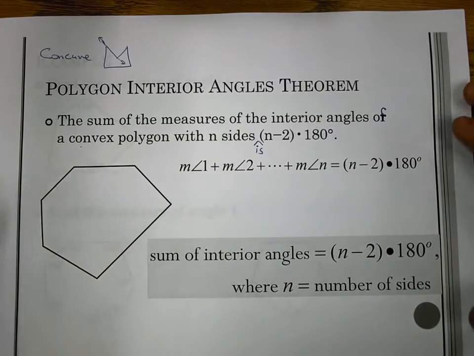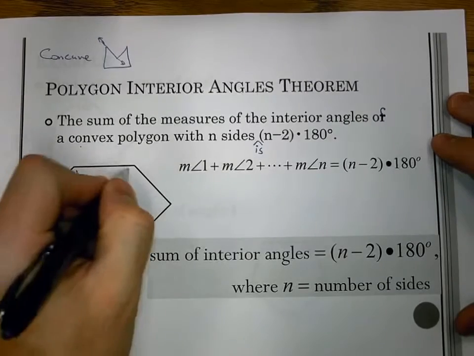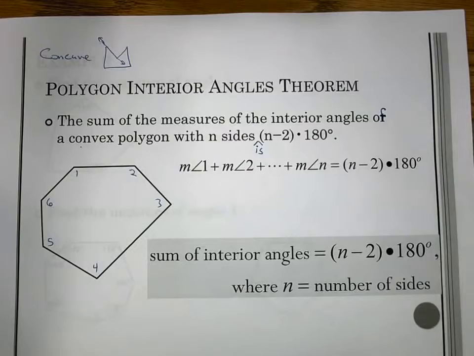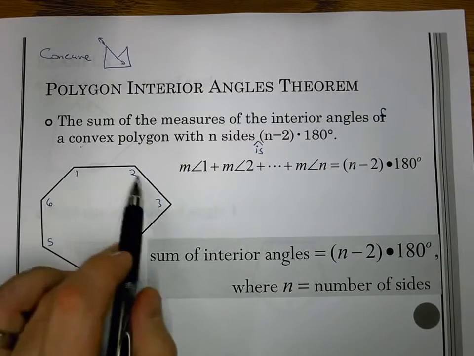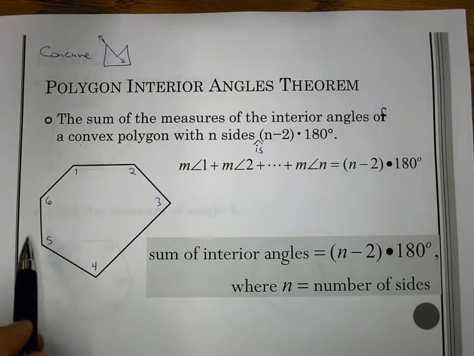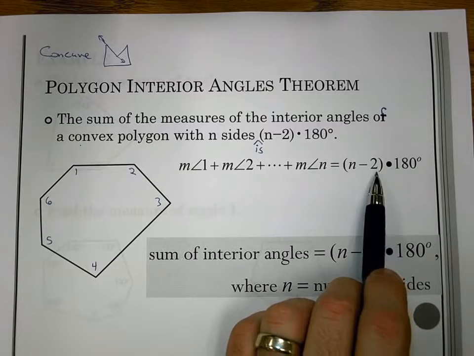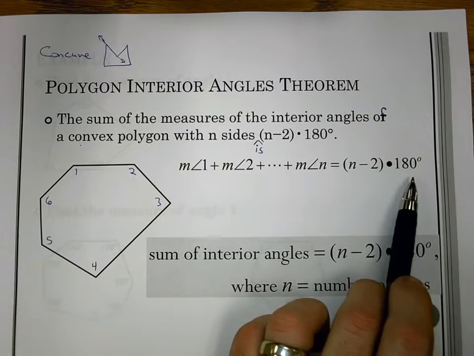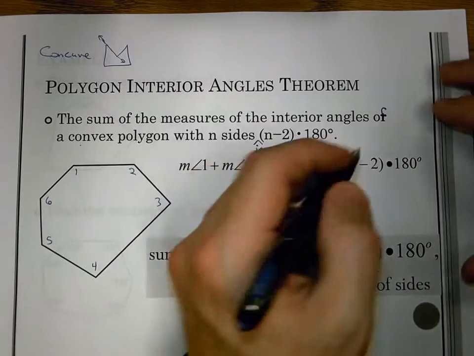So what we're saying here is I have angles, and in this case I have 6 angles in this polygon, which makes it a hexagon. If I added up all of these angles, no matter what type of hexagon it may be, the total for those angles will be the value of n minus 2 times 180, n being the number of sides.